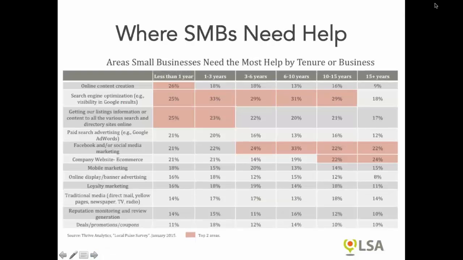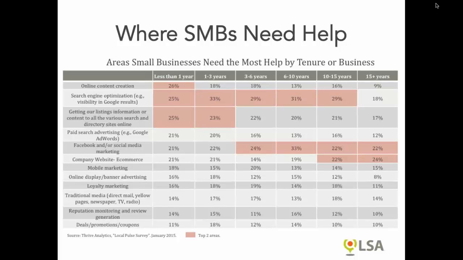This is a very interesting slide. This is the larger survey that we did. It's maybe a little bit hard to navigate visually, but the idea is, where do you need help? And that is segmented by age of business. It really falls into SEO, data syndication, getting their listings to the right directories and consumer destinations, and social media.